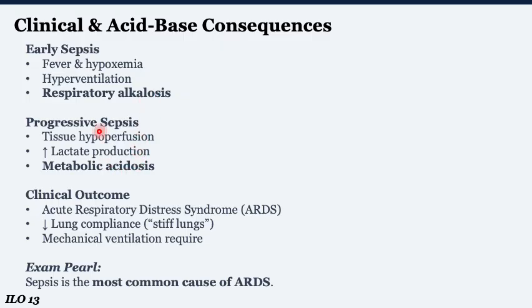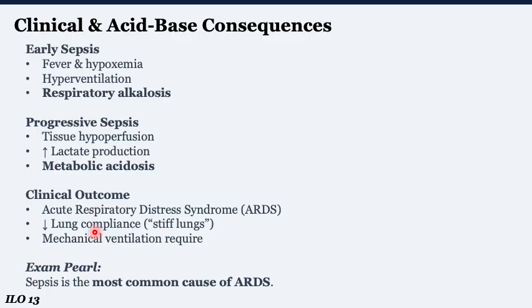As the sepsis progresses, you can get tissue hypoperfusion, which will lead to increased lactic acid, and that results in a metabolic acidosis. The clinical outcome would then be acute respiratory distress syndrome, where you have decreased lung compliance. This is known as a stiff lung, and this is where mechanical ventilation is required.